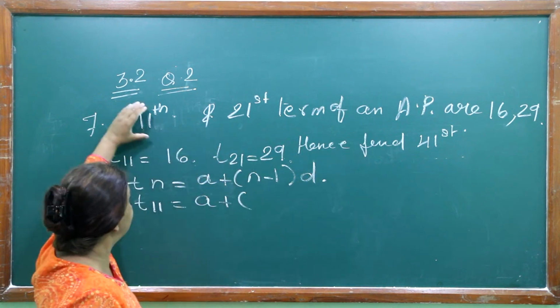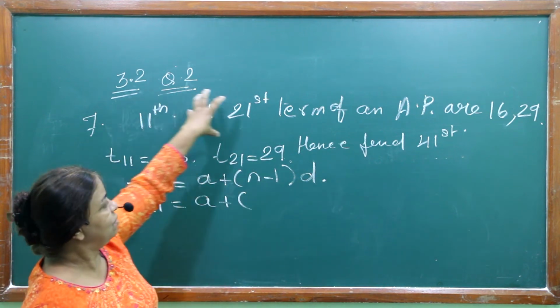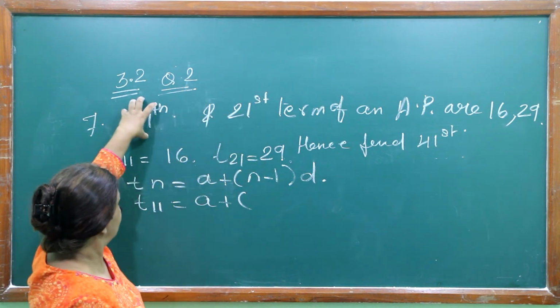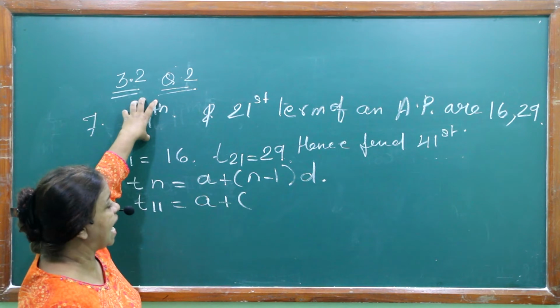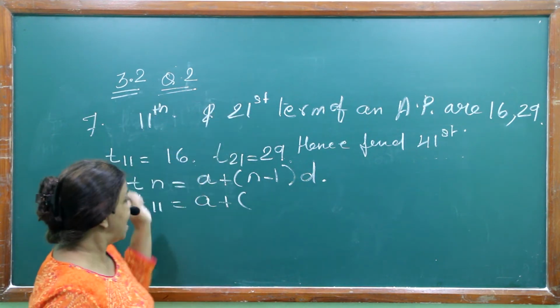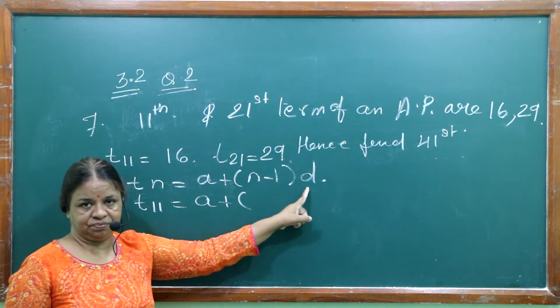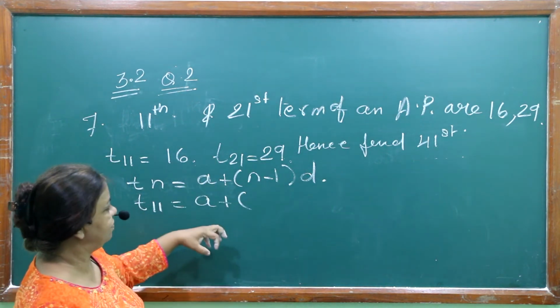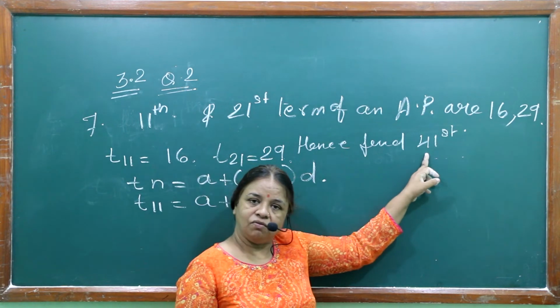We are only given the 11th term and 21st term. With these we can find out A and D. Once we get the values of A and D, then we can use them for finding the 41st term.